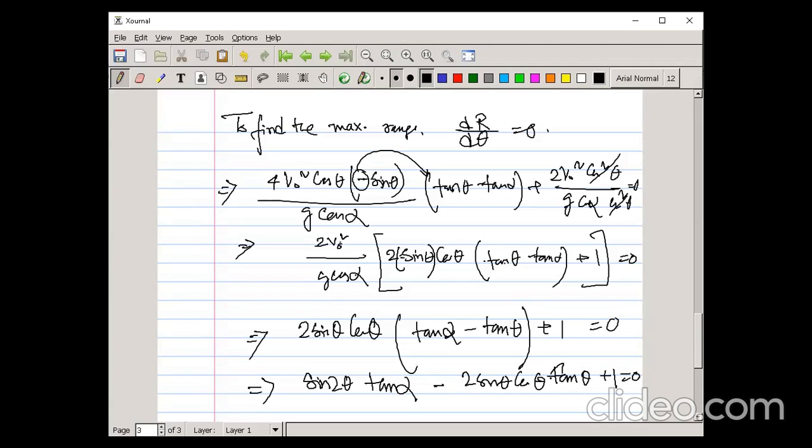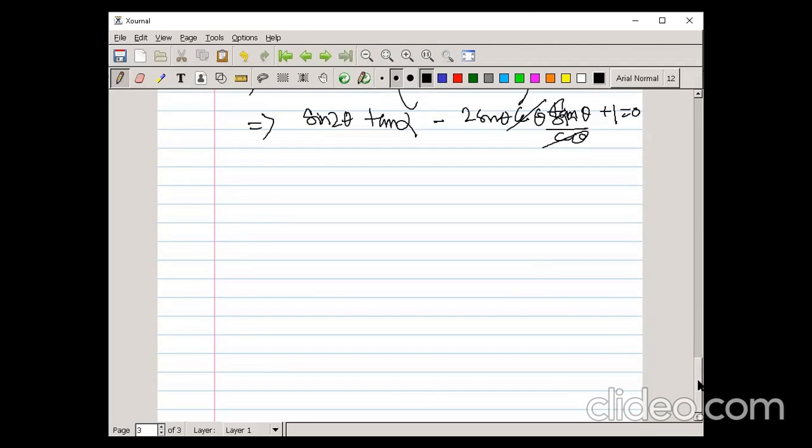Tan theta is nothing but sin theta by cos theta. So these two cancel. Then we get sin 2 theta tan alpha minus 2 sin square theta plus 1 is equal to 0.